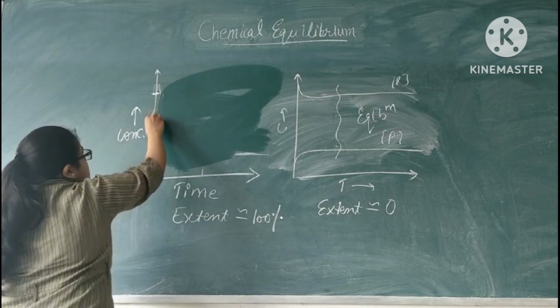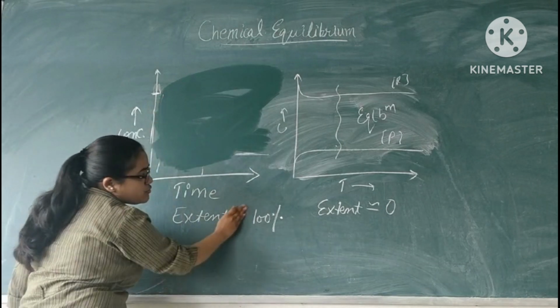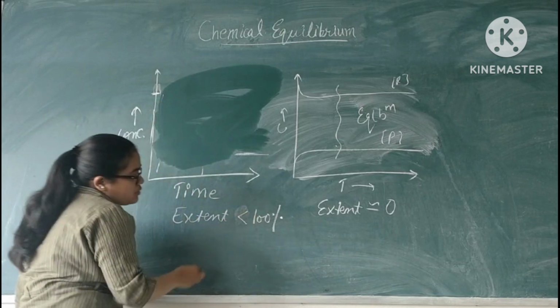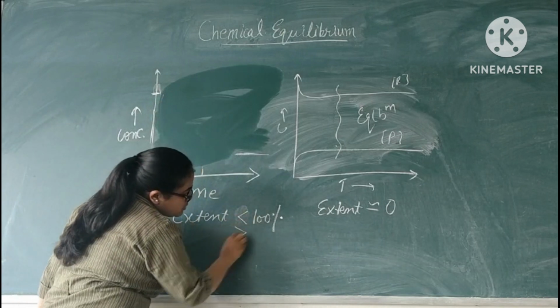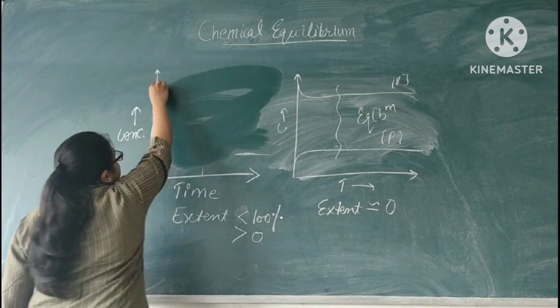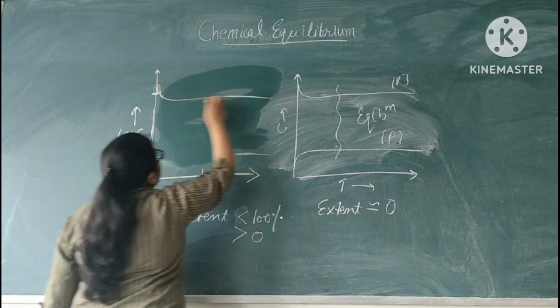Okay, and the third case is if the extent of the reaction is less than 100 but greater than 0, then the graph will be like this.